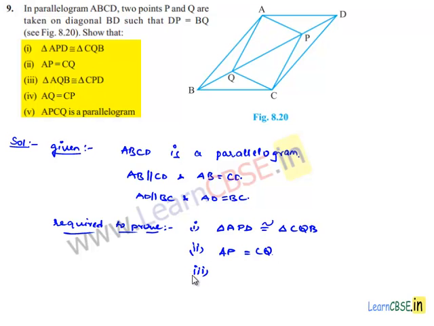Third thing, triangle AQB is congruent to triangle CPD. Fourth, AQ is equal to CP, and last, APCQ is a parallelogram.